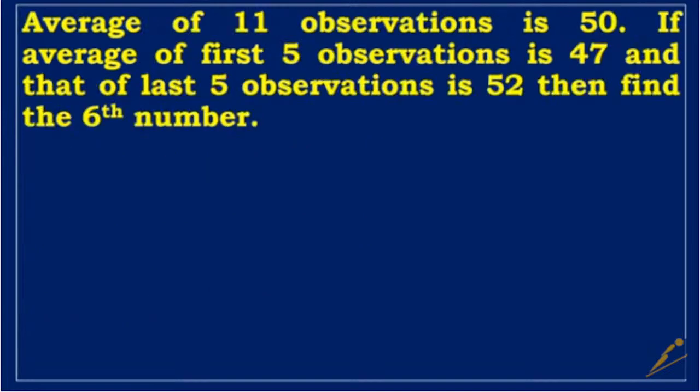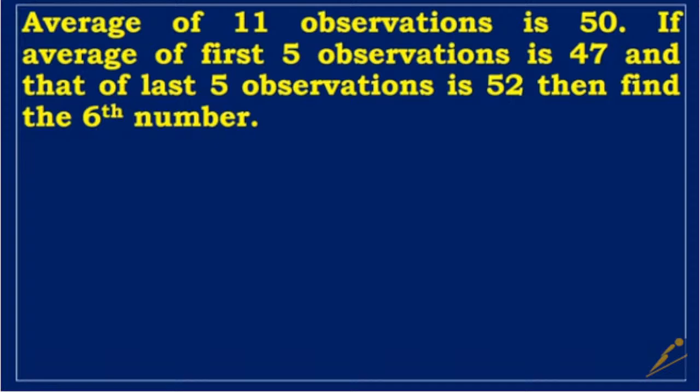Let's look at the third example to understand the basic concept of averages. The average of 11 observations is 50. If the average of the first 5 observations is 47, and that of the last 5 observations is 52, then find the 6th number.